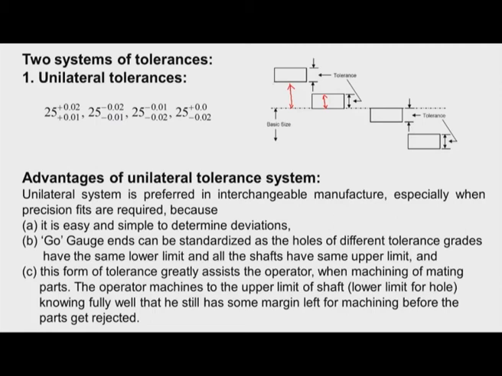Say we have a hole like this, where this is the lower limit of the hole, and this becomes the upper limit of the hole, and this is the tolerance that is allowed. So the size of the hole can be anywhere between this level and this level. So it can have any size.